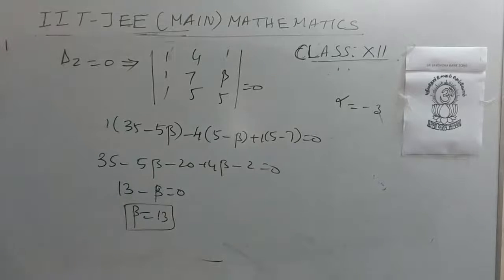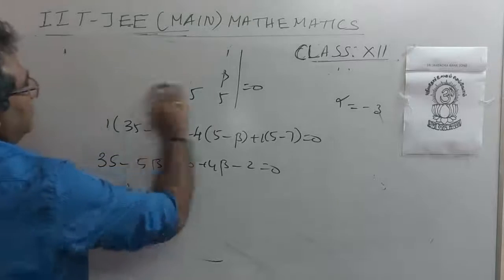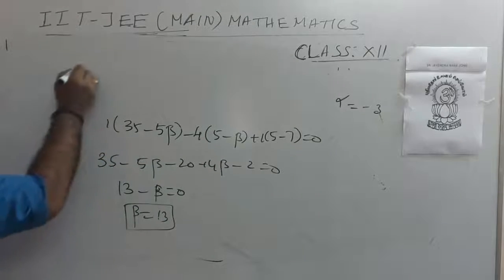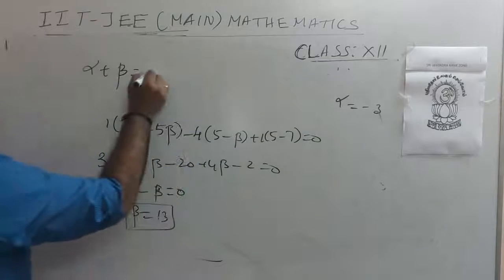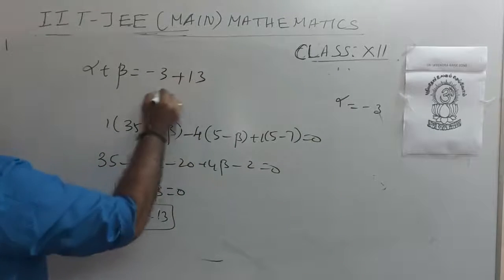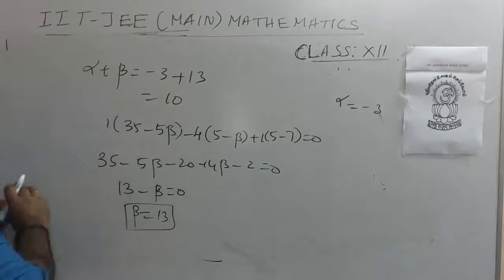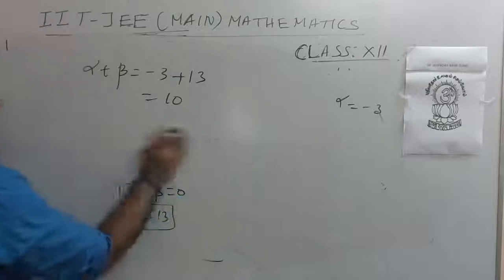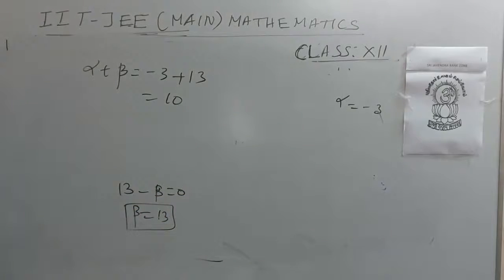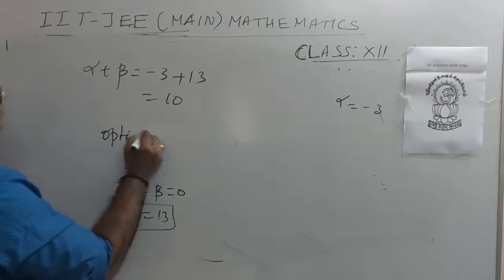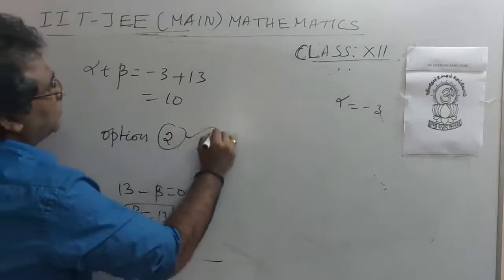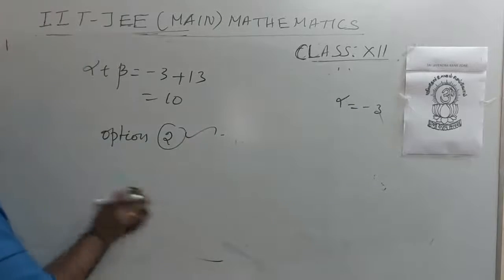Beta equal to 13. We have to find alpha plus beta. Alpha has the value minus 3, plus 13, 10. So option 2 is correct.